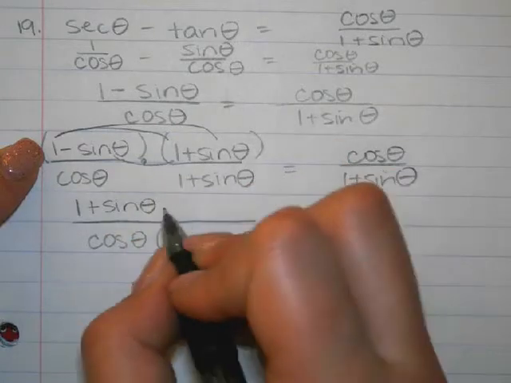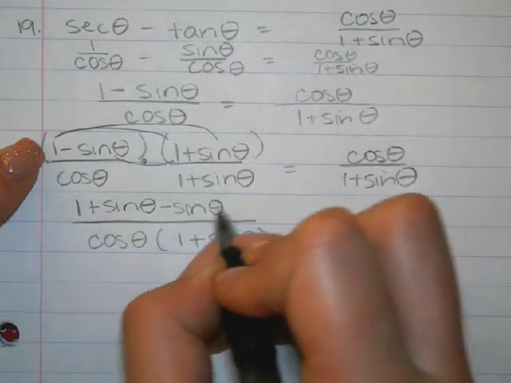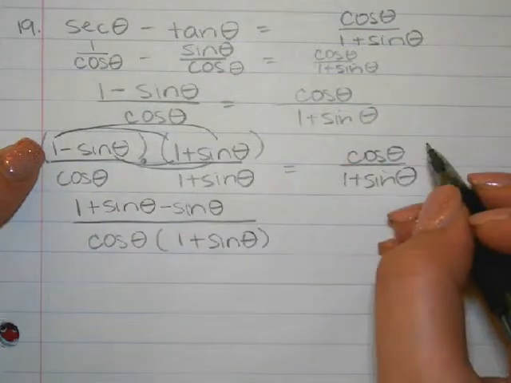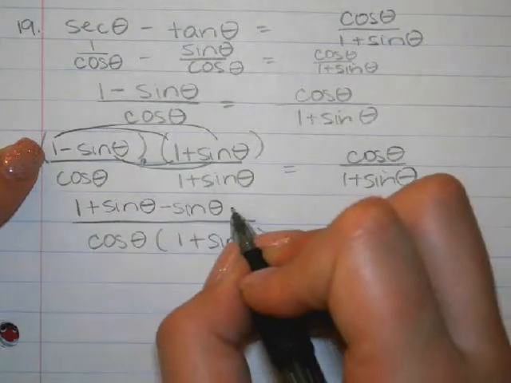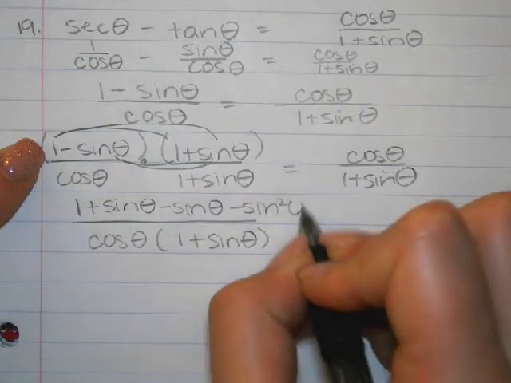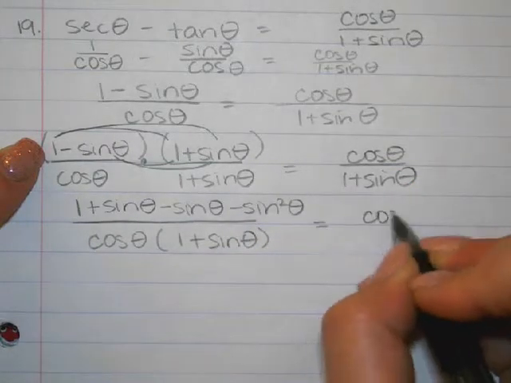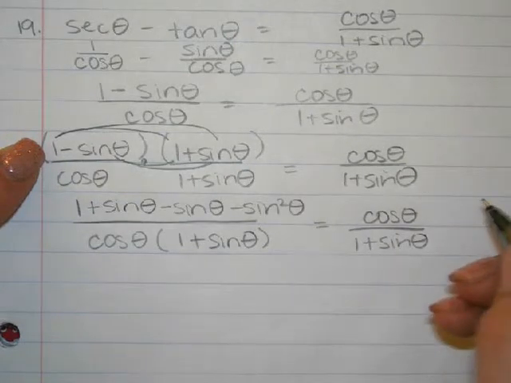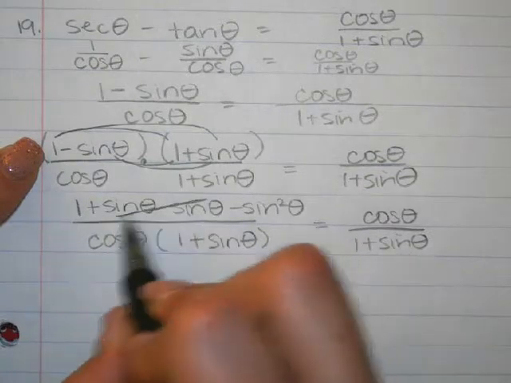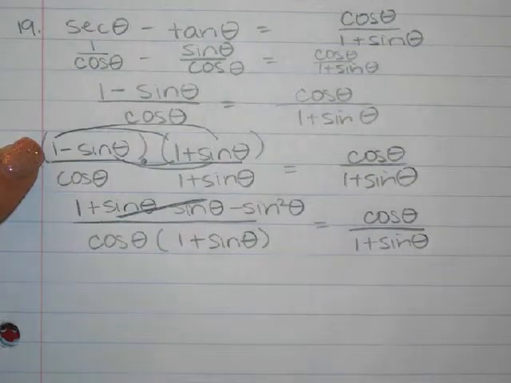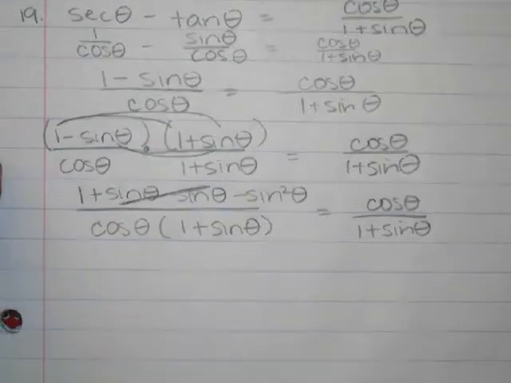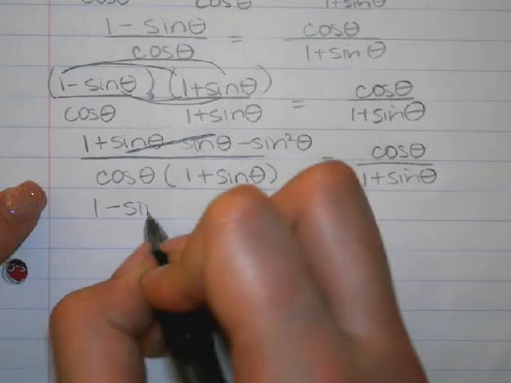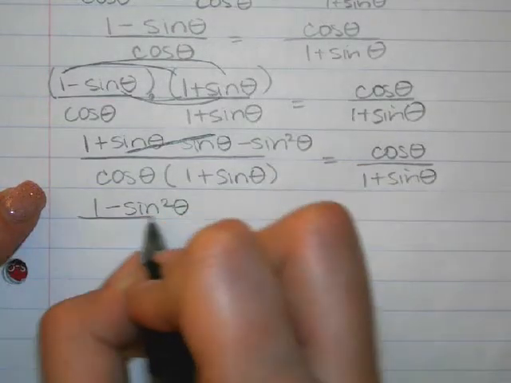Negative sine times 1 is negative sine. And then negative sine times positive sine is negative sine squared. And so the middle terms cancel. So we have a 1 minus sine squared on the top.